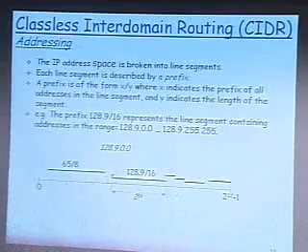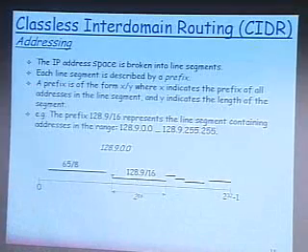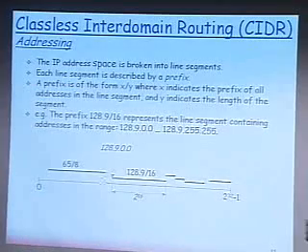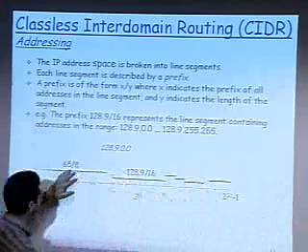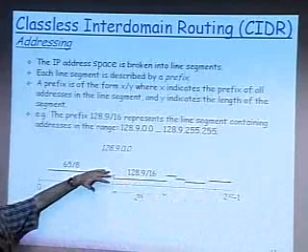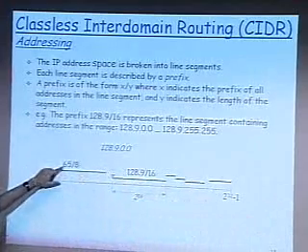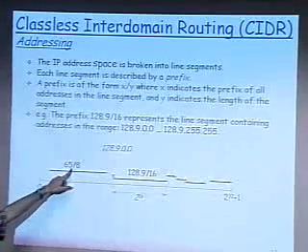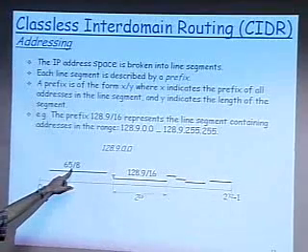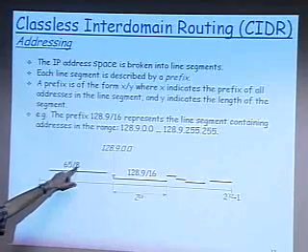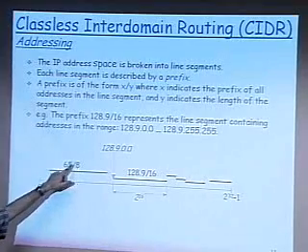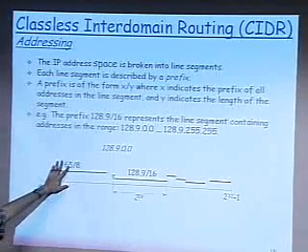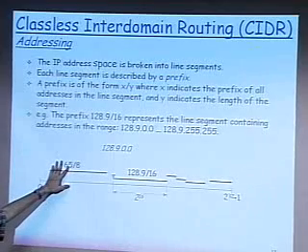So 65/8 indicates that all addresses in this line segment will be of the form 65.x.y.z. The first 8 bits are fixed and they correspond to 65. The rest of the 24 bits are free.